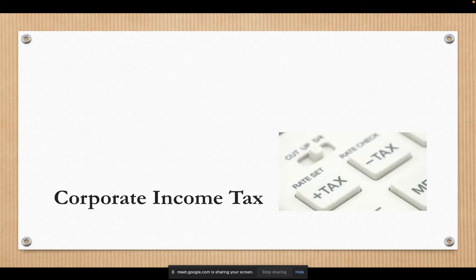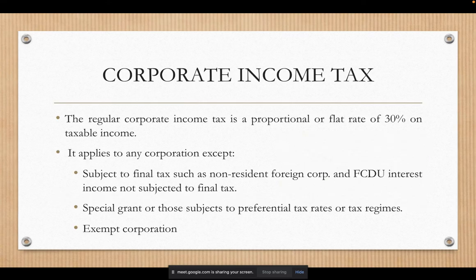Alright? How about corporate income tax? Sa corporate income tax naman, the regular corporate income tax is a proportional or flat rate of 30%. And then with the introduction of the CREATE law, you can be taxed at, I think, 25%.